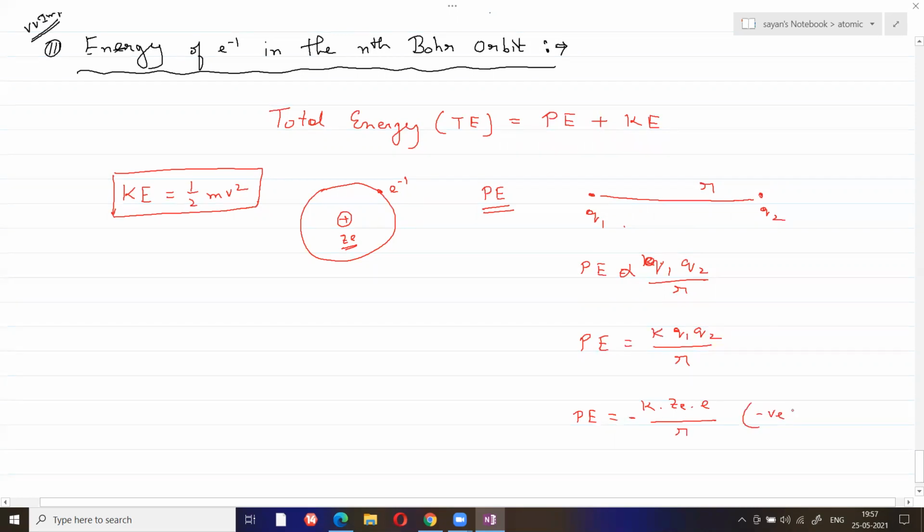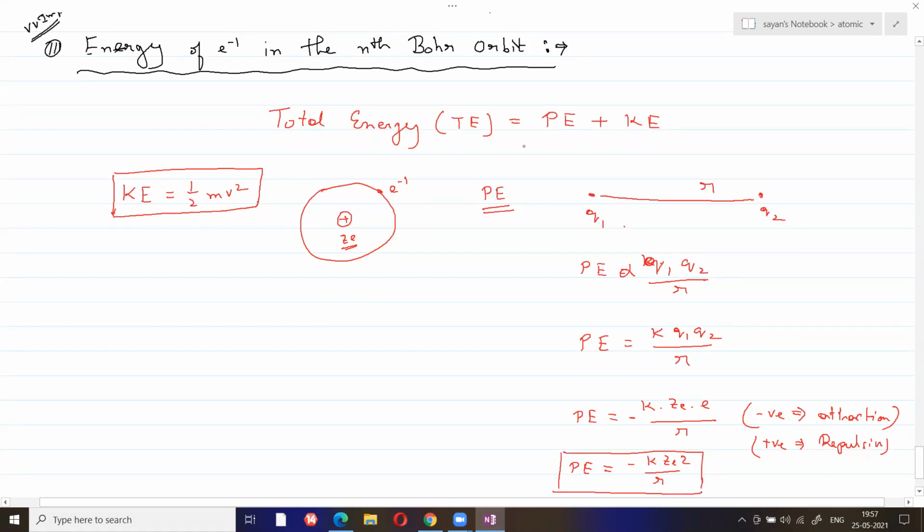This negative sign represents the attraction force between two oppositely charged particles, because the electron is negatively charged and the nucleus is positively charged, while positive sign represents repulsion. So potential energy is minus kZe squared by R. This is for potential energy.